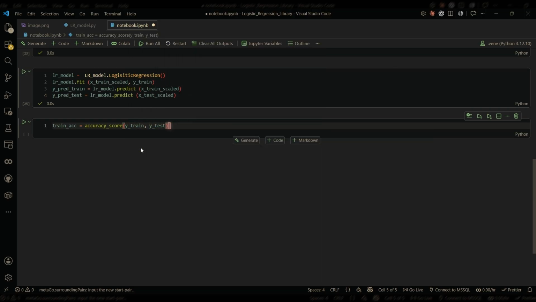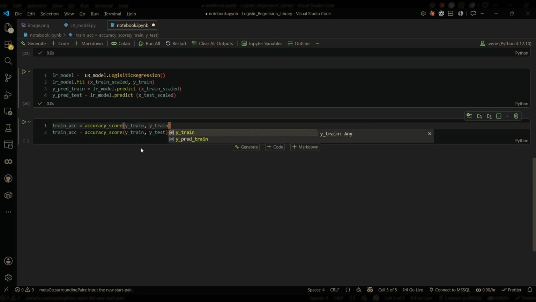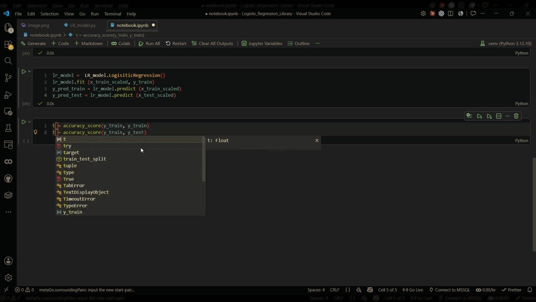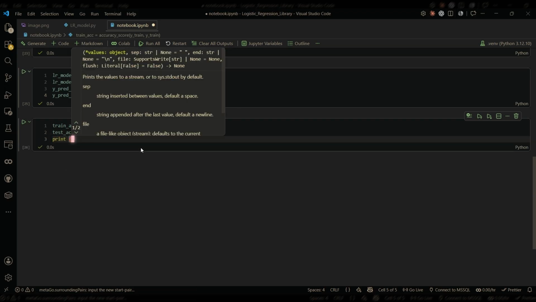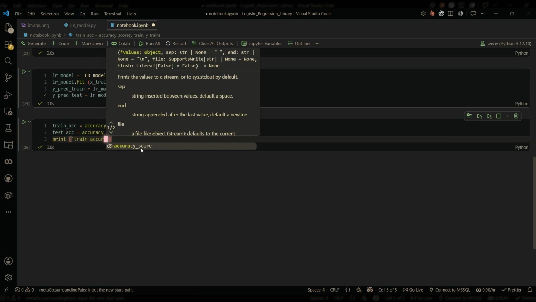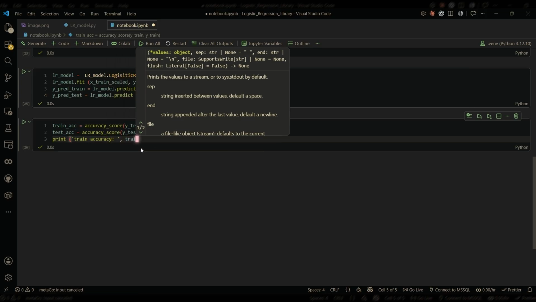y train, y test. Oh, actually, this is train. Train accuracy of train.